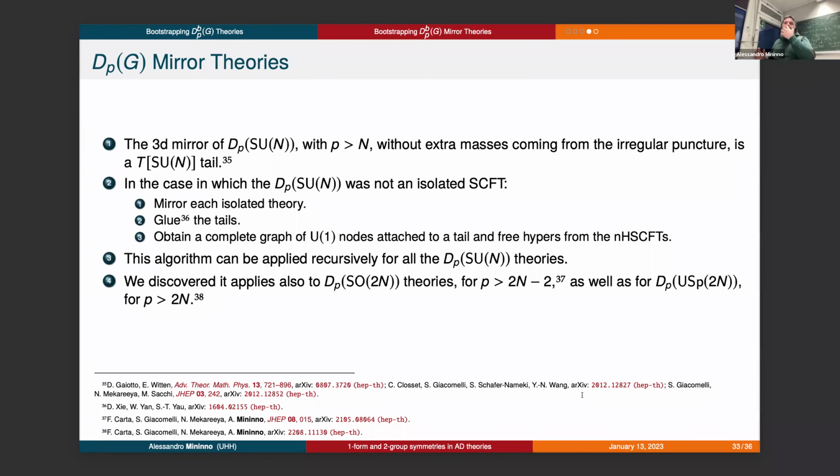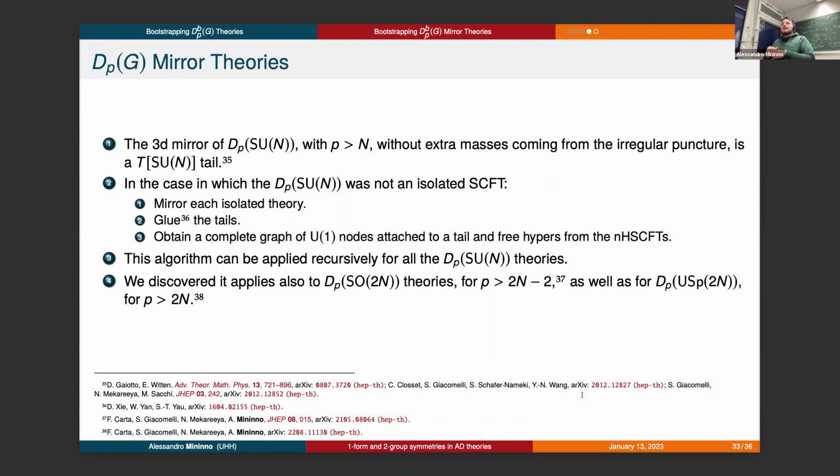And the idea is that you start, for instance, from the easiest one. You start from a 3D mirror of a DDP SU, that if you don't have extra masses coming from the irregular puncture, is given by the TSU and tail. And in case you also have other masses coming from the irregular puncture, then you glue this tail to a complete graph of U1, and the number of U1 depends on the number of masses that you have.